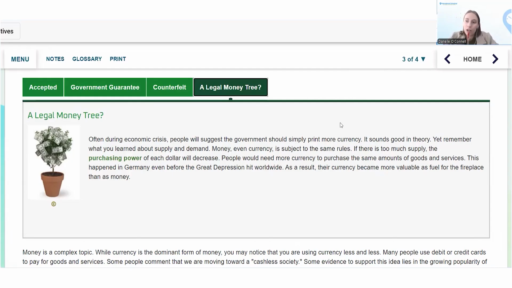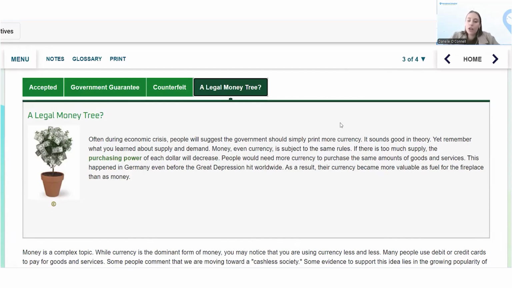It's no longer $1. It is now $2 or $3 because the purchasing power of my dollar has decreased. So now I can no longer buy the same quantity of goods or services for the same price.